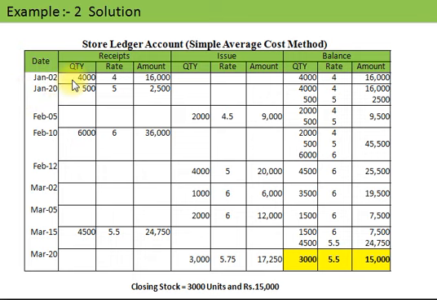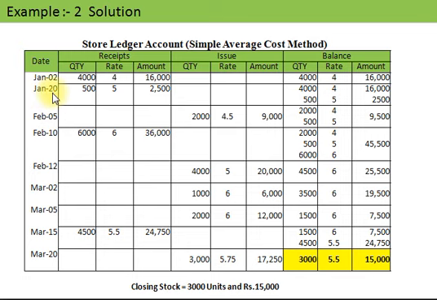It is a purchase of 4000 units. So we record in the receipt column 4000 units at rupees 4 and total amount rupees 16,000. There is no other transaction on 2nd January, so this will be recorded as balance by the end of day: 4000 units at rupees 4 and 16,000 rupees.